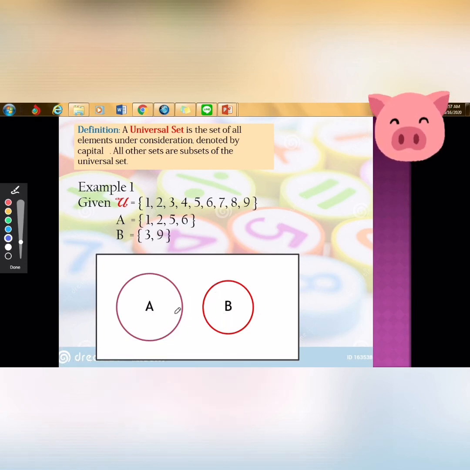So we already put everything inside of A and B. Let's check: 1, 2 is there, 3, 5, 6 is there, and 9 is also there. So 4, 7, and 8 will be written outside of the circles. There you go. So that is a basic introduction to the universal set.